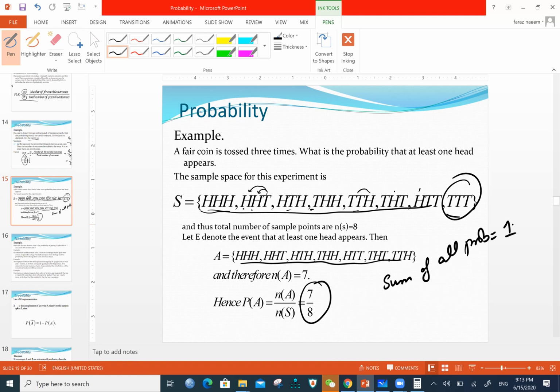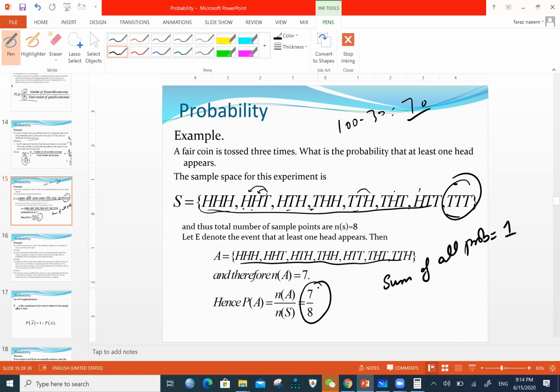What are the chances you will pass the midterm? 70. How do you calculate this? 100 subtract 30. Very good. Because we know the total percentage is 100, so 70. Similarly, the total probability is 1. We are saying at least one head.